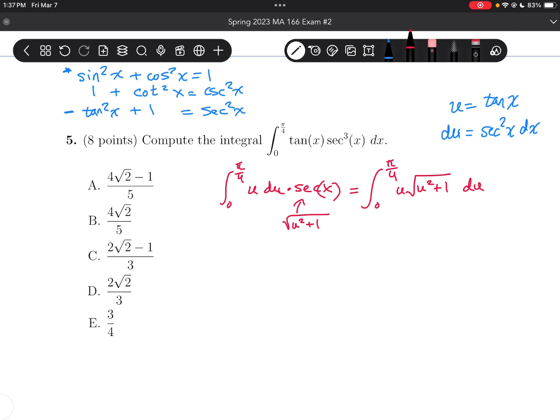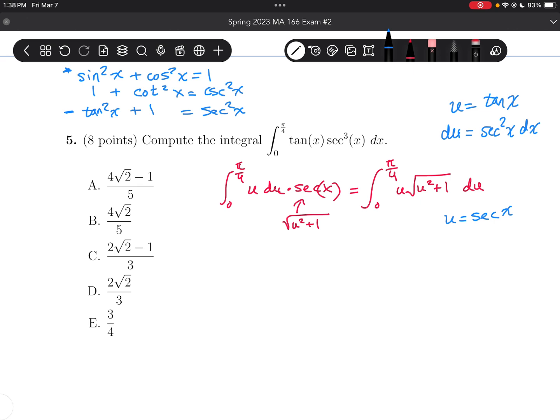Sometimes we try u sub and it doesn't work. The good thing here is that we set u equal to tangent x. We have another option though. The other option is to set u equal to secant x. And so when u sub doesn't work out initially, I would suggest trying other similar options if there are any, because sometimes the first option you pick might not always work.